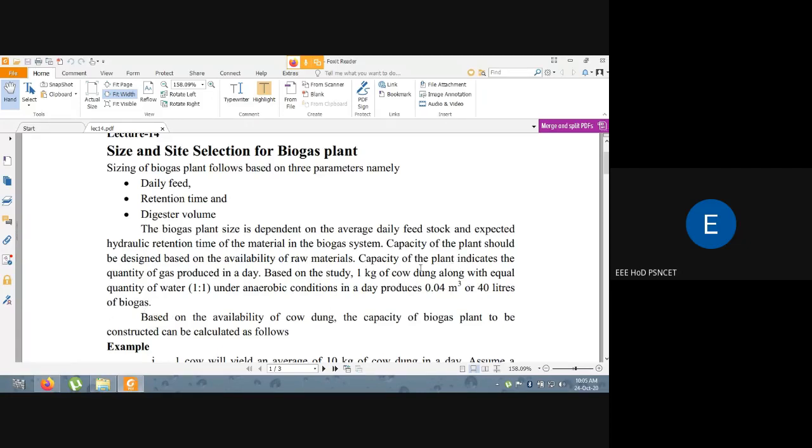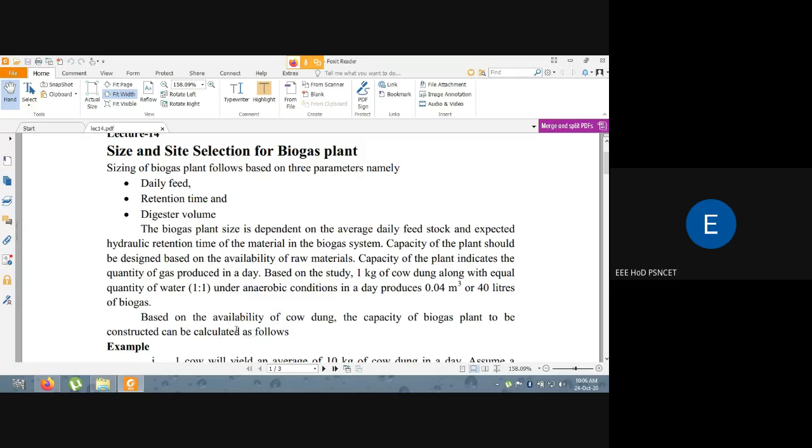We have discussed that equal quantities of cow dung and water are mixed at the mixing table. So 1 kilogram of cow dung is mixed with 1 liter of water. Per day we are able to generate 40 liters of biogas.